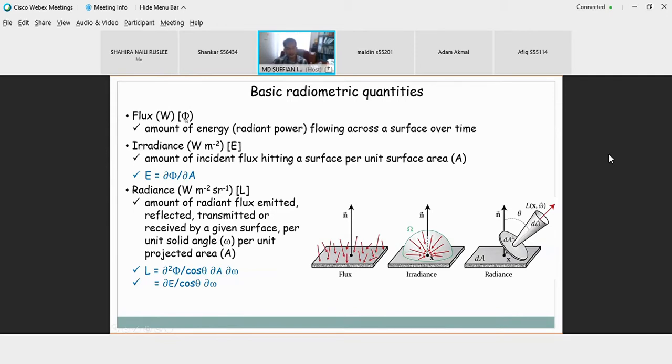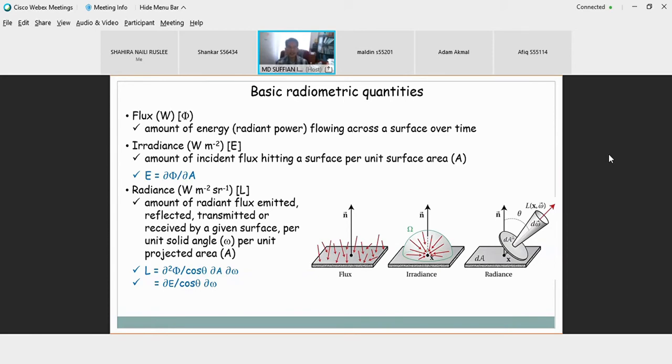Yang kedua, again, konsep irradiance. Kita tengok downwelling irradiance, ataupun upwelling irradiance. Irradiance, unit watts per meter square, is the amount of incident flux hitting a surface per unit area. Amount of incident flux, dia sama macam flux, okay?